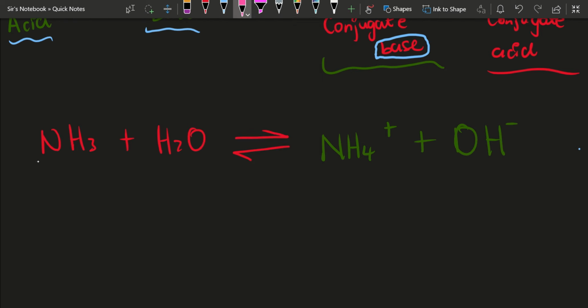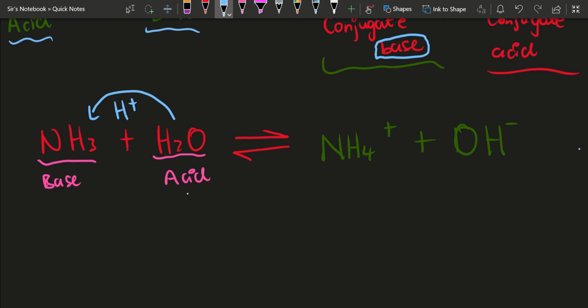In this case, NH3 was a base, right? So it acted as a base, and H2O acted as an acid. Why? Because H2O gave a proton to NH3, right? So what are we expecting NH4 to be? NH4+. Now, yes, you've got it.